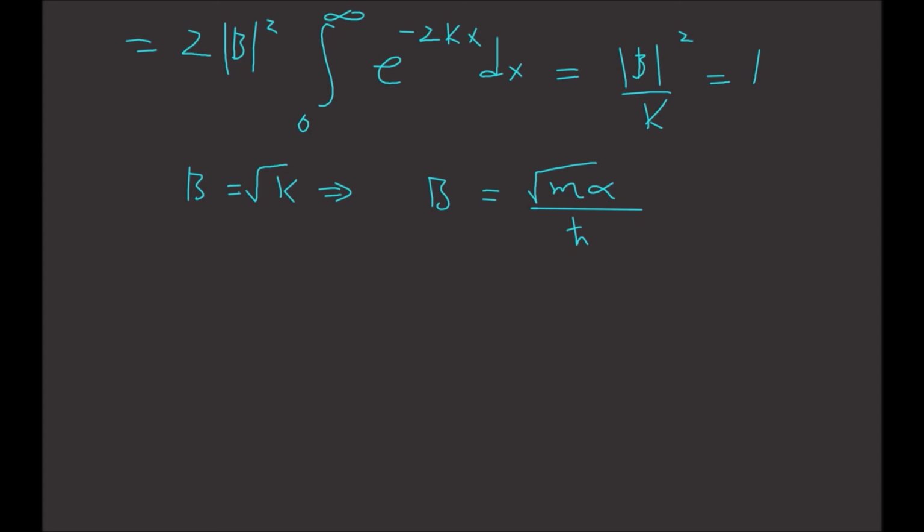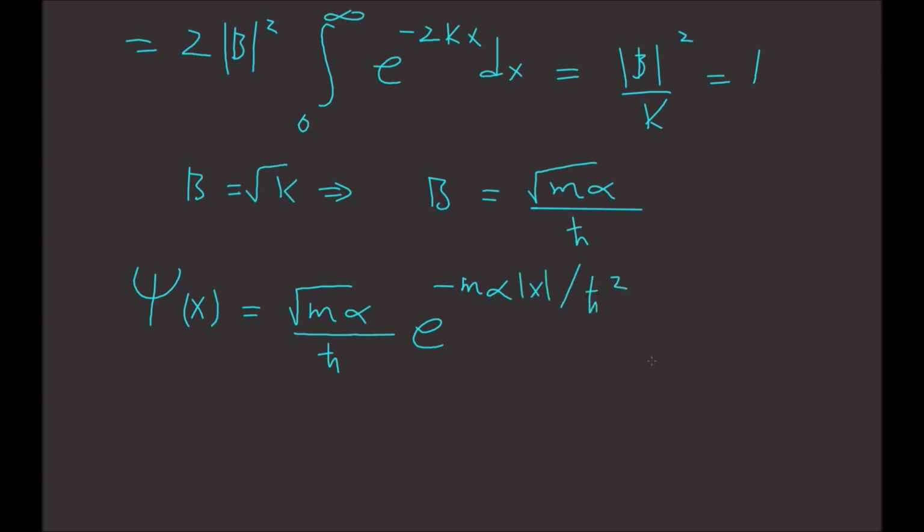So finally, now we have all the variables. The final solution, psi of x, for this wave function is square root of m times alpha divided by h bar times e to the minus m times alpha times absolute value of x divided by h bar squared, with energy equal to minus m times alpha squared divided by 2 h bar squared.